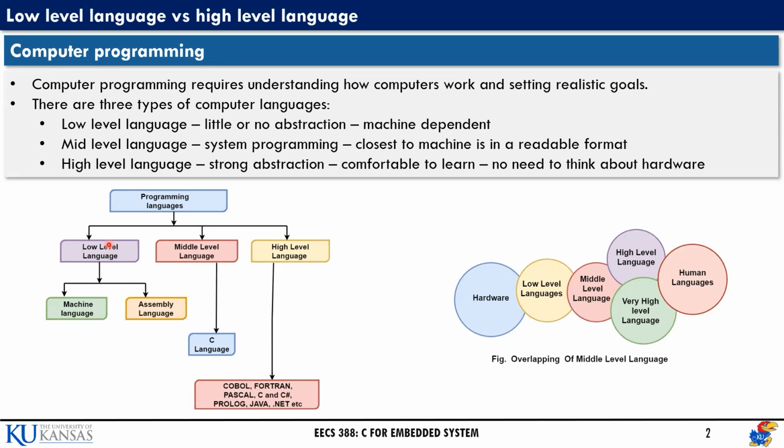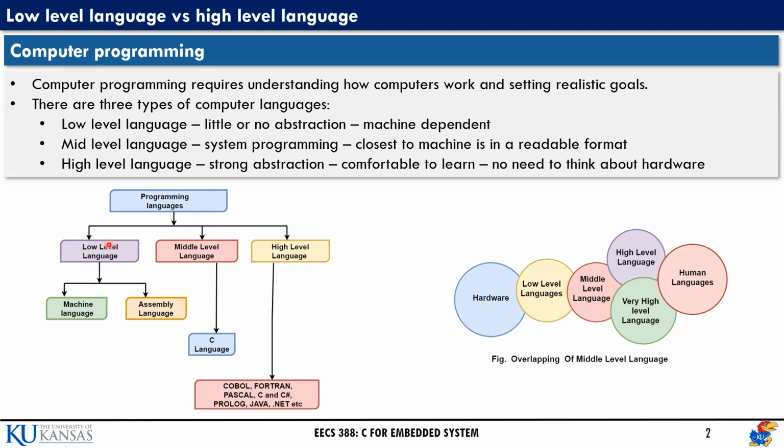So with due respect, the low level languages have literally no abstraction; they are machine dependent. And the mid-level languages, for example C, are very close to the machine, and we can read the source code, as this is a readable format.